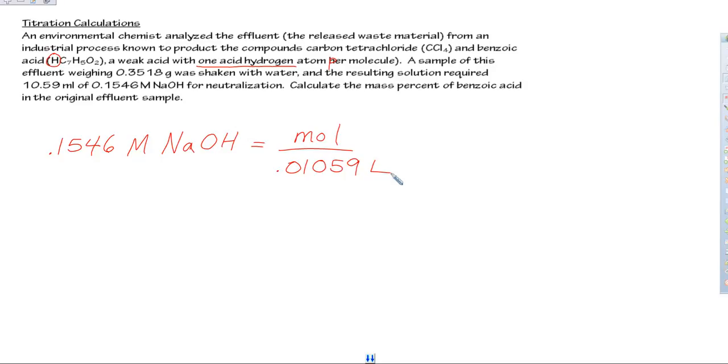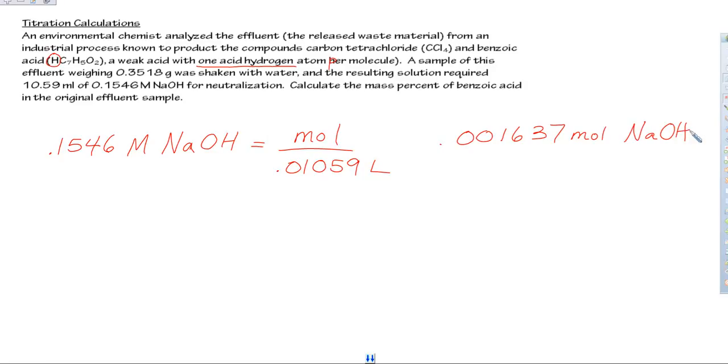Okay, so if we cross multiply, we're going to get 0.001637 moles of sodium hydroxide.